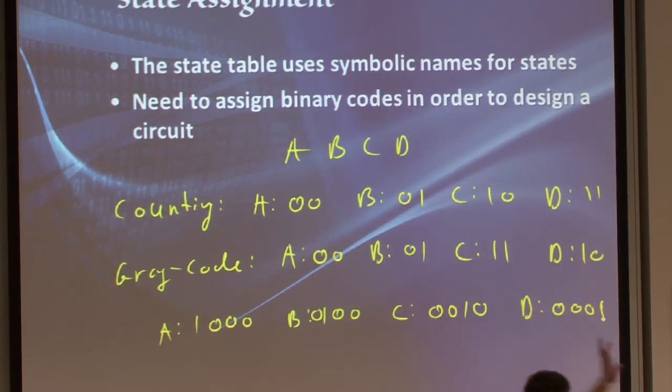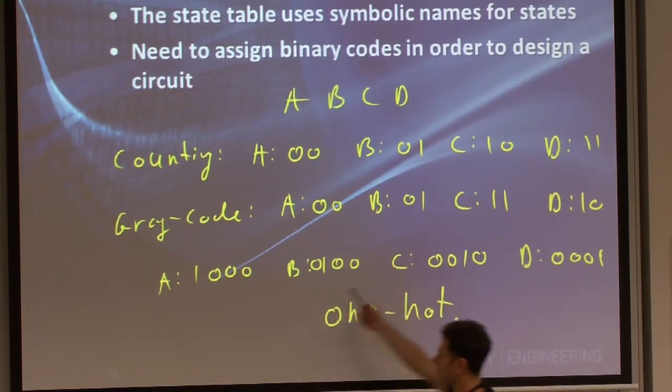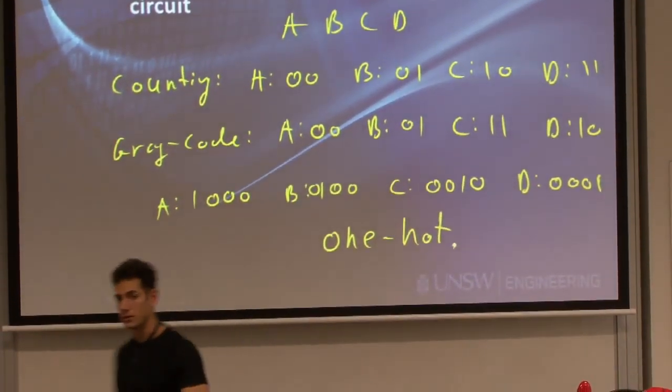This kind of coding is what we call a one-hot coding. And it is pretty useful. It might be useful for our machine now. Let's check it out.